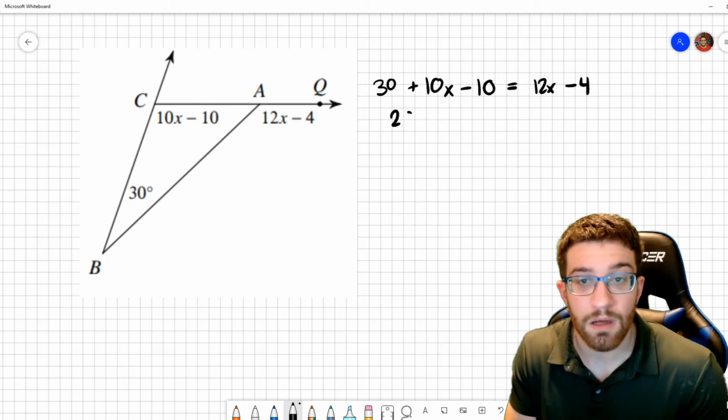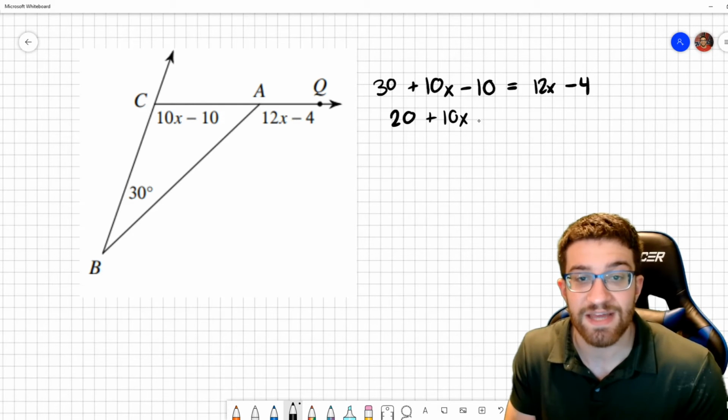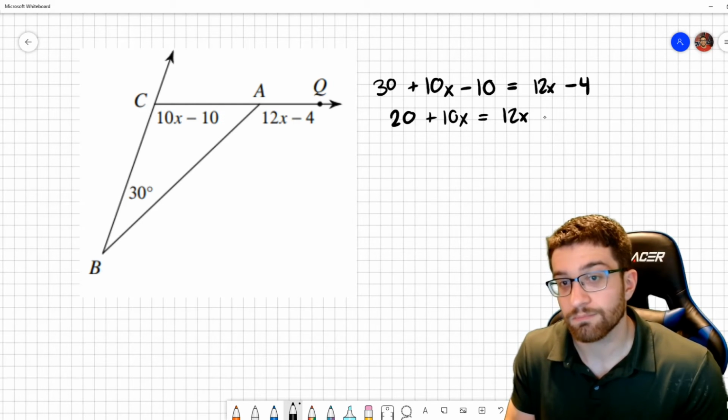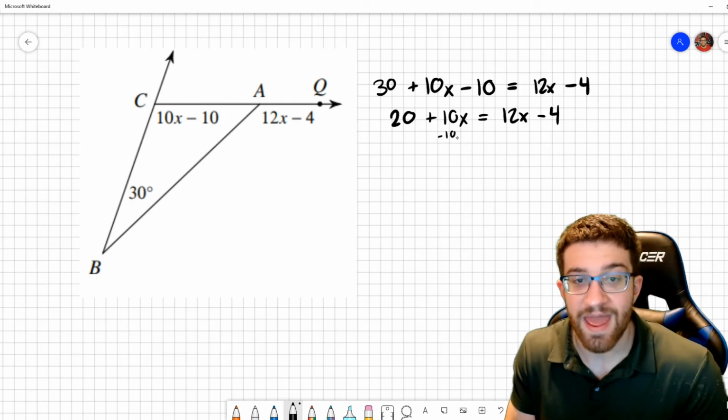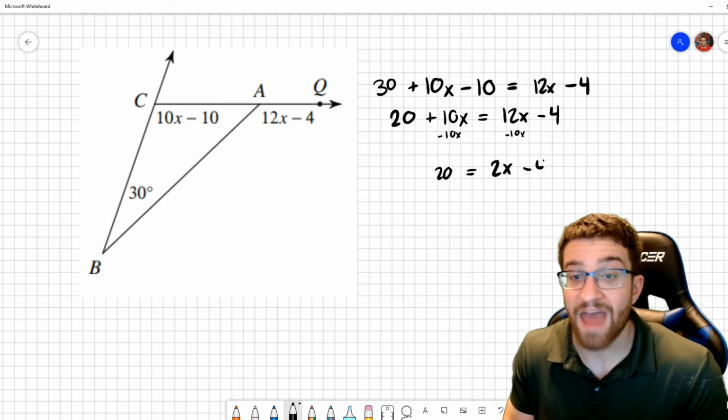I'm going to clean up the left side by combining 30 minus 10, makes 20. Subtract 10x from both sides. Add 4 to both sides.